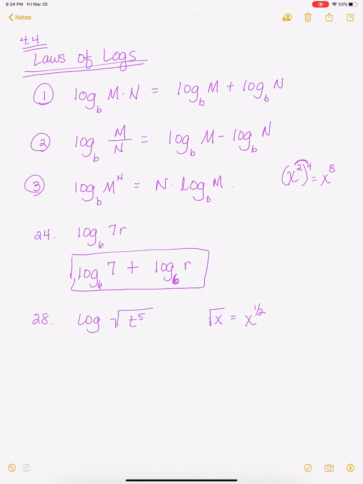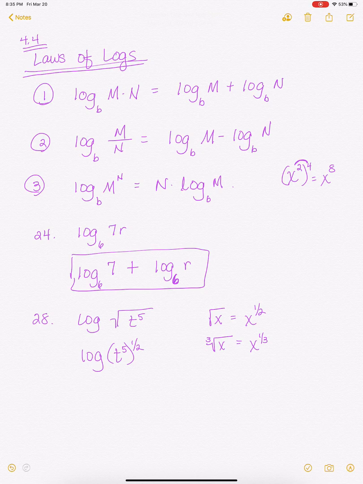So the square root would be x to the 1/2, or the cube root would be x to the 1/3. Okay, so if I've got this, the first thing I'm going to do is get rid of that radical. So I've got log of t to the 5th, and I'm going to raise it to the 1/2 because that's my square root. That's taking care of that radical.